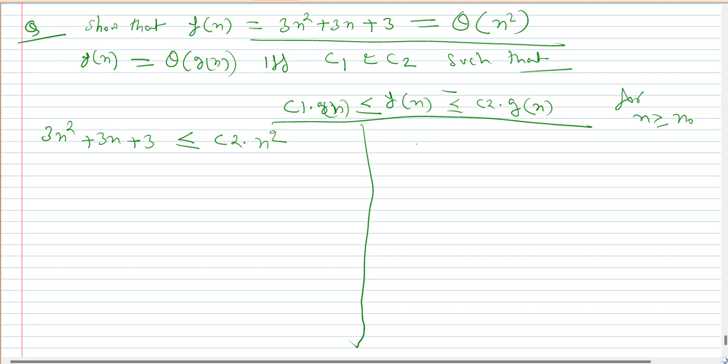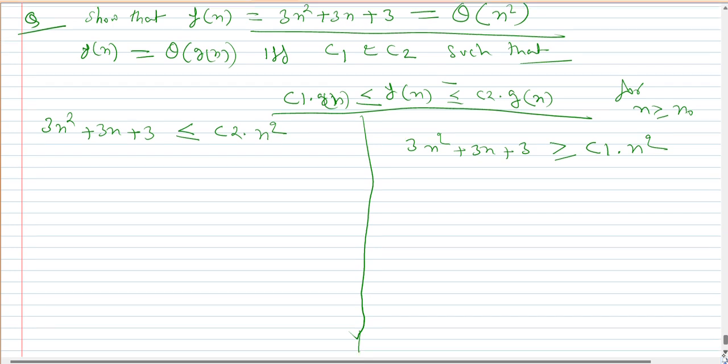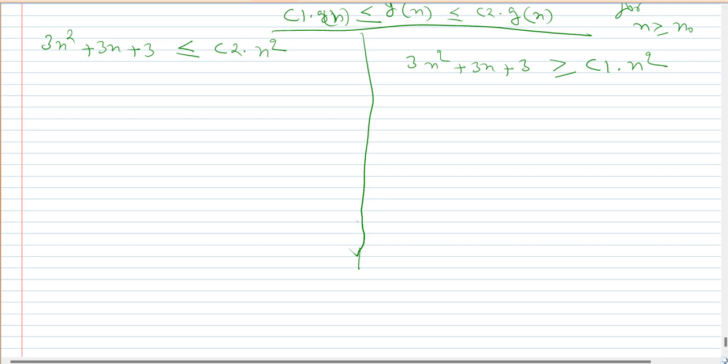Here n square is our G(n), and we also have to prove that our 3n square plus 3n plus 3 is greater than or equal to C1 dot n square. So we have to prove both of these inequalities separately and find the values of C1, C2 and n. Now let's solve them.